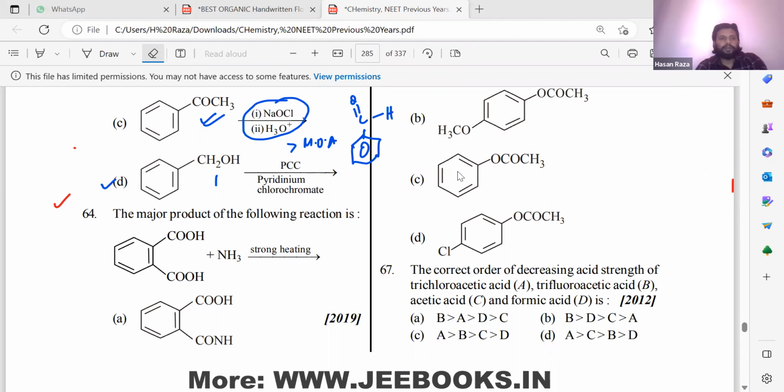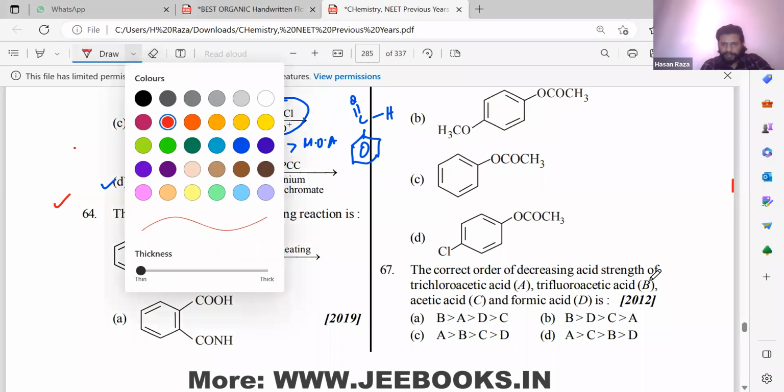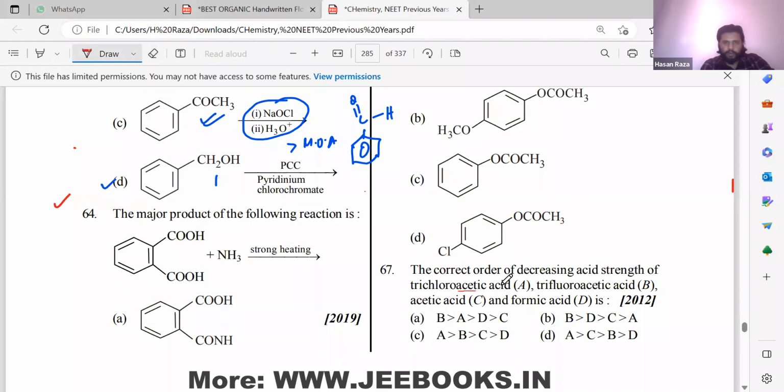So we need the decreasing order of acid strength: trichloroacetic acid, that means CCl3COOH; trifluoroacetic acid, that means CF3COOH, which is trifluoroethanoic acid; then acetic acid, CH3COOH; and then formic acid, methanoic acid.